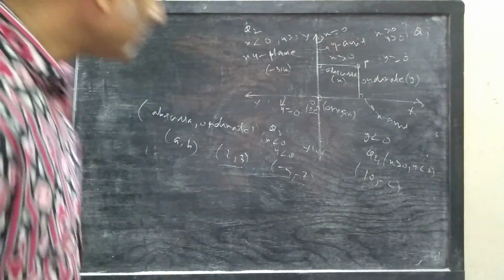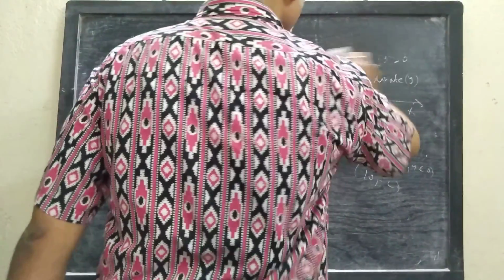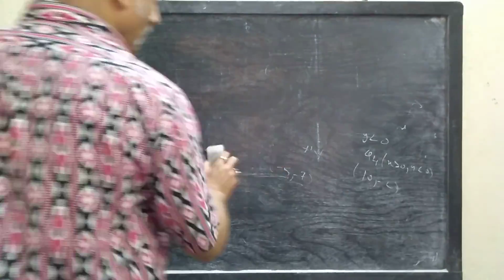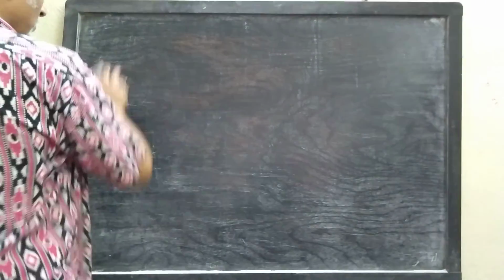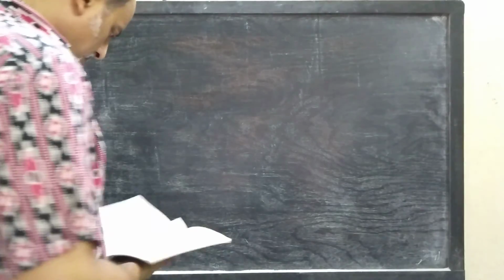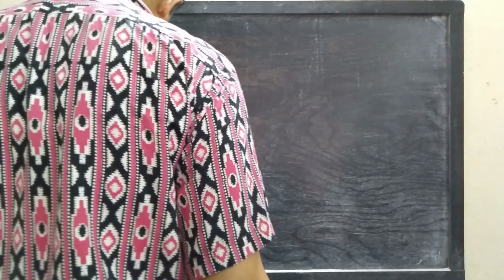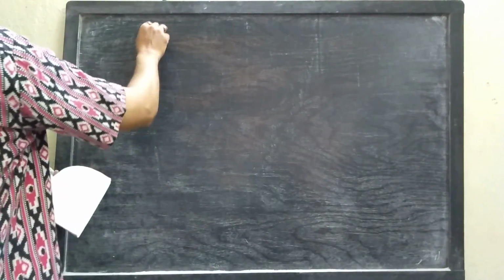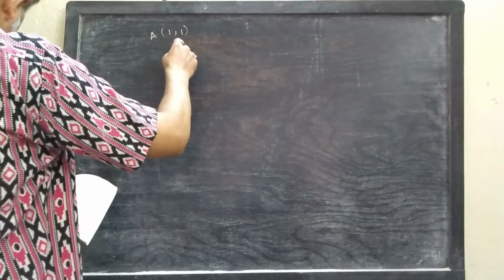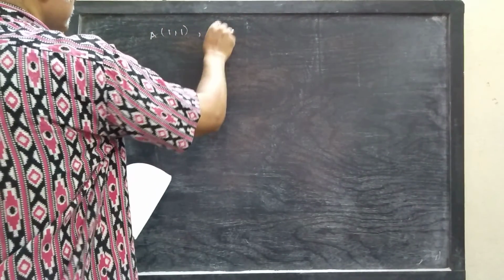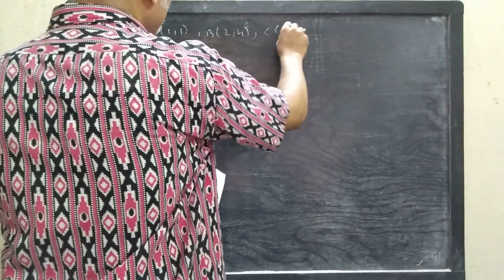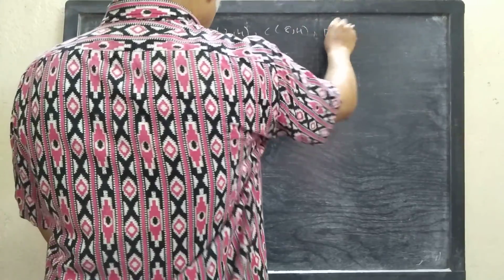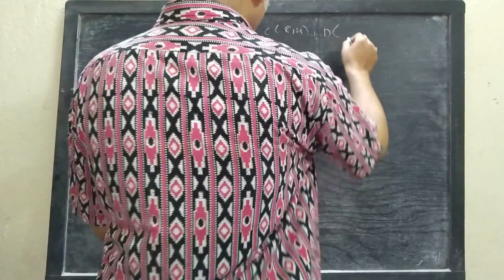Now, let us solve some simple problems. Draw the quadrilateral whose vertices are A(1, 1), B(2, 4), C(8, 4) and D(10, 1).